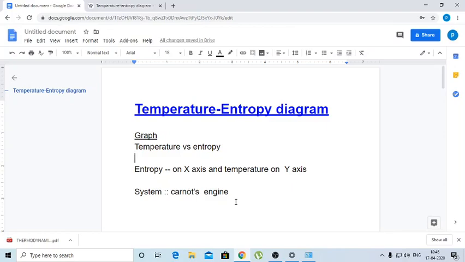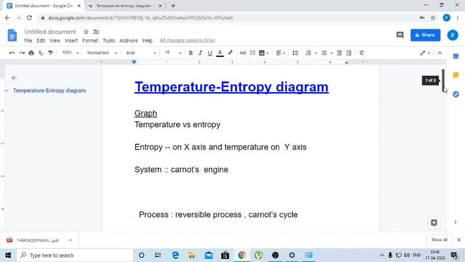We all know that during isothermal expansion, temperature is constant, and during adiabatic expansion, the disorderness of the system, that is entropy, is constant. So, for a thermodynamic system which undergoes a reversible process, we have to study the change in entropy with respect to temperature.